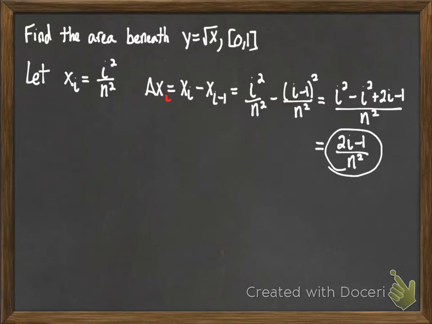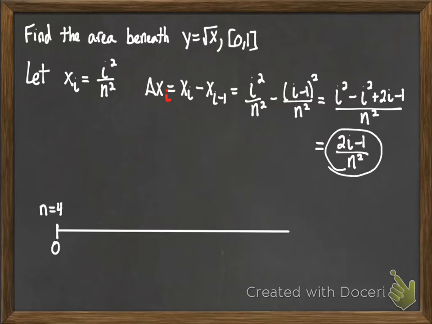Before we continue and actually set up our sum, let's consider a little bit about what this is doing. If we consider it for n equals 4, when i is equal to 0, we get 0 over 16, which is 0.